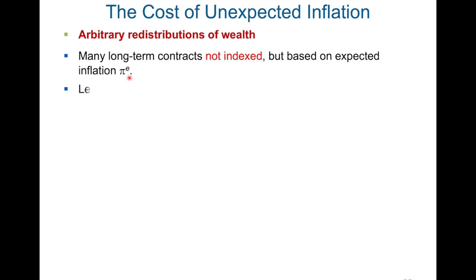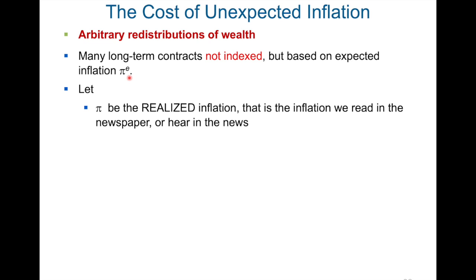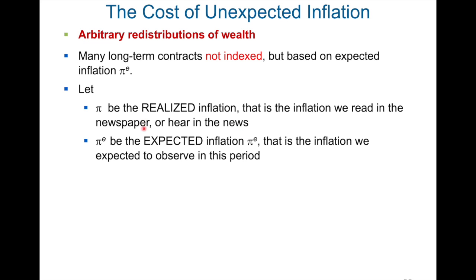In particular, there are two concepts of inflation: realized inflation, which is the one that we observe in a particular period of time. This is what we read in the newspaper or hear in the news. And this concept is different from the inflation that is expected. That is the inflation that we expect to observe in the period, and that is embedded in these contracts.